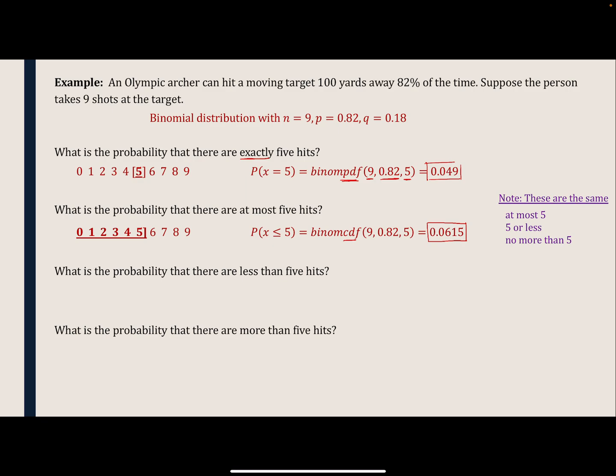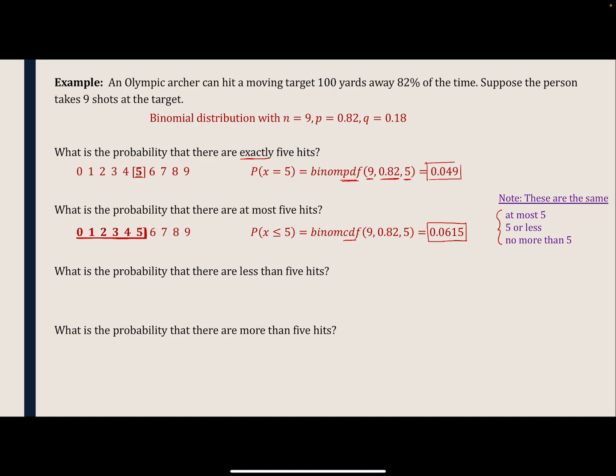So these 3 terms give us the exact same scenario of this 0, 1, 2, 3, 4, or 5. And so for all of those, we're going to just use the binomial CDF command straight with the number of trials, the probability of success, and that 5.